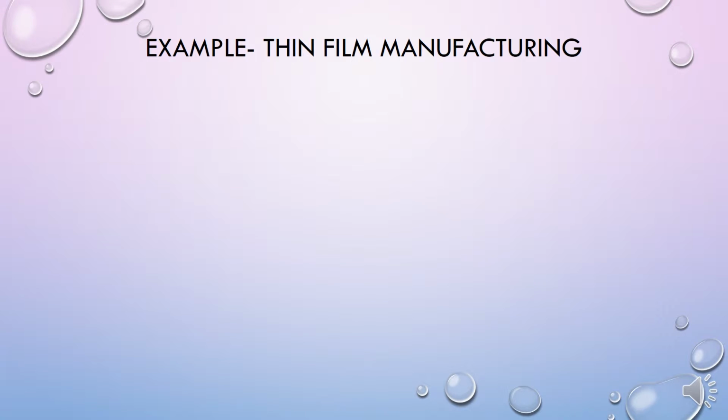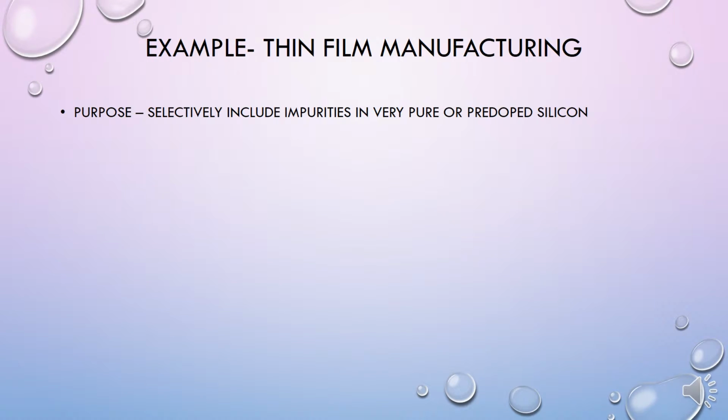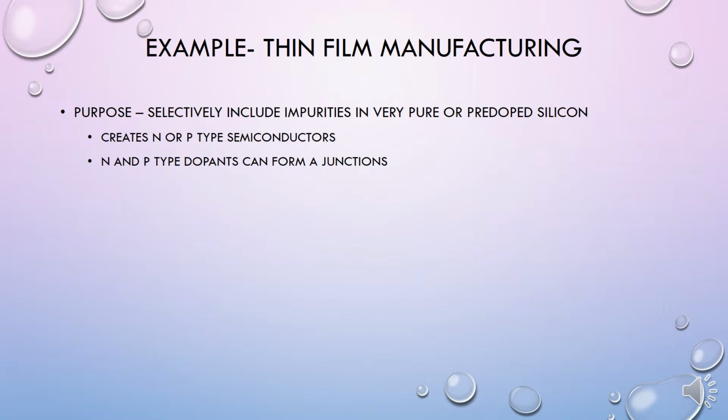So a specific example of diffusion being used in industry is for thin film manufacturing. The purpose is to selectively include impurities in very pure or pre-doped silicon. This can create N or P-type semiconductors, and these N and P-type dopants can form junctions.